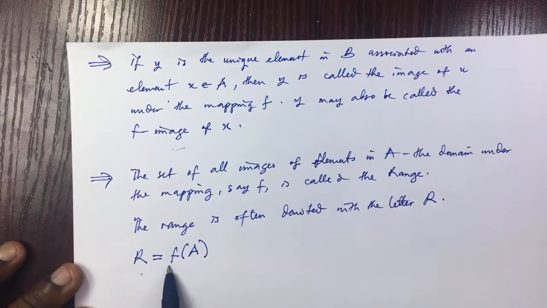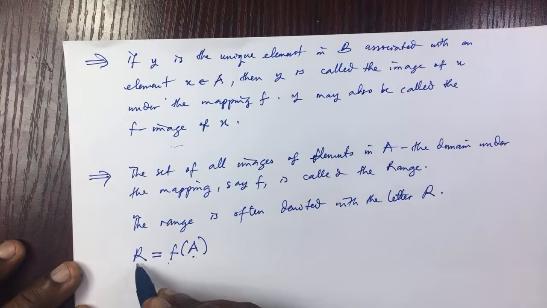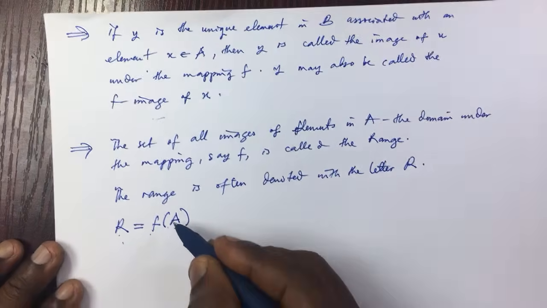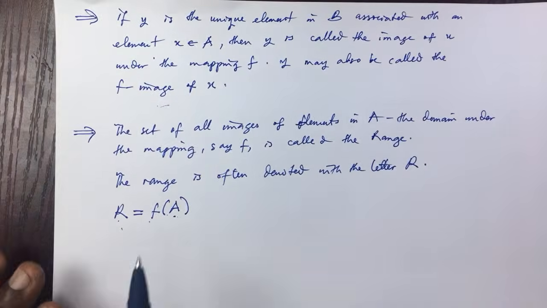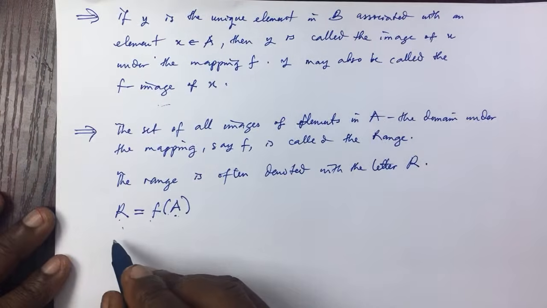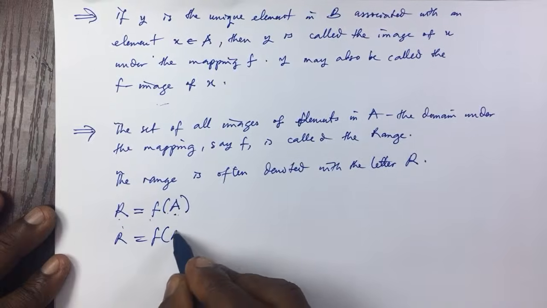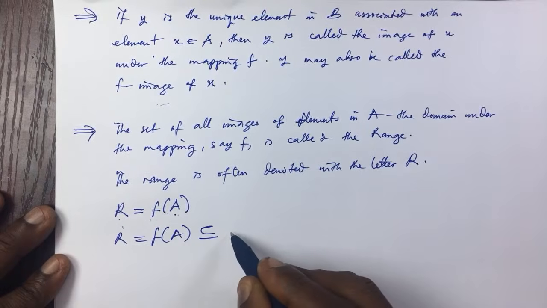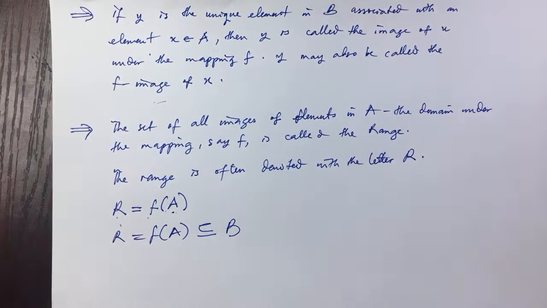So R is equal to F of A. What is A? A is the domain. Okay? Now, clearly you will notice that if R is equal to F of A, since R is a function of all elements in the domain, then it means that R, which is F of A, is clearly a subset of B. Remember, what we call the range is a subset of the codomain.